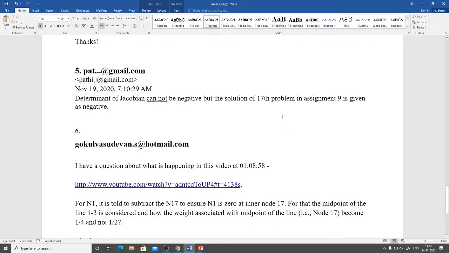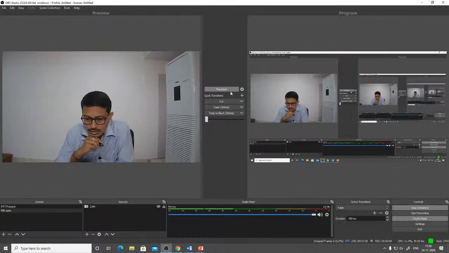Okay, so I will try to address some of these from here also. Can you tell the difference in strong form and weak form? Shivam, I think this we have told multiple times.